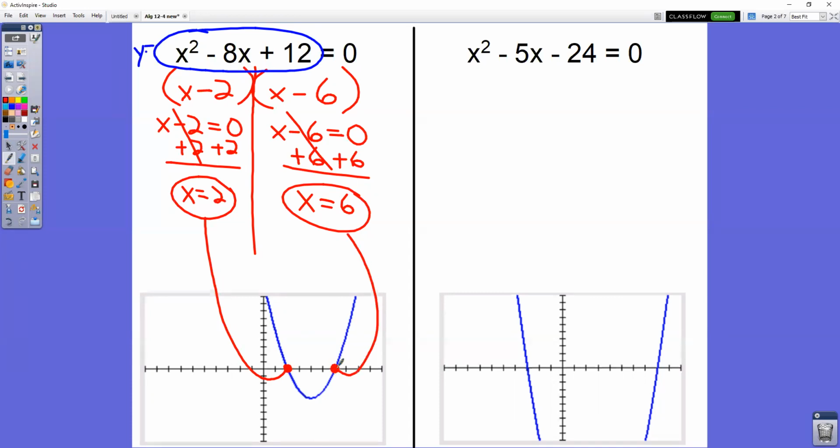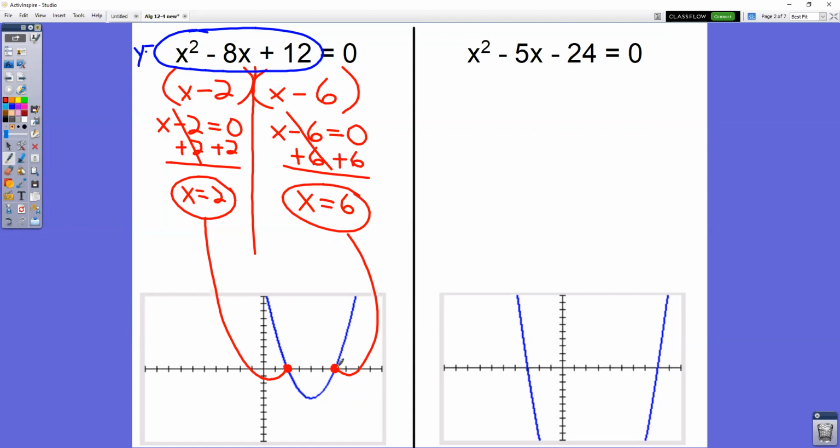So that's just a different way. This is doing it algebraically, and this would be doing it graphically. But this is how all the questions are going to look today. You're going to do reverse FOIL, draw your line down the middle, set both sides equal to 0, and solve for your two answers. Again, these things are called roots, zeros, and x-intercepts.